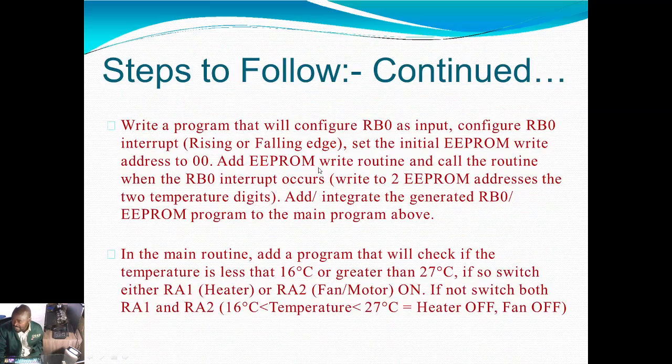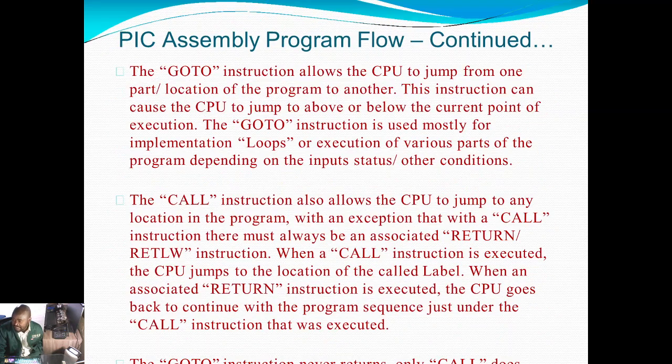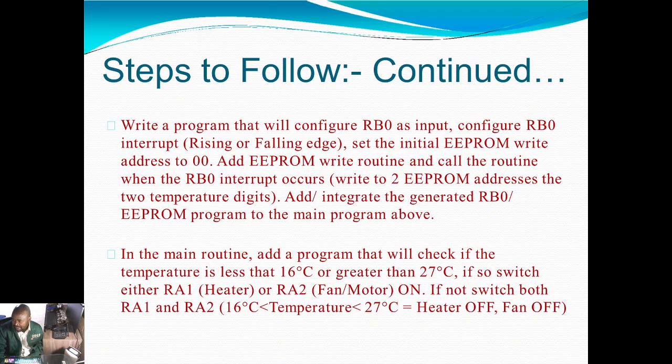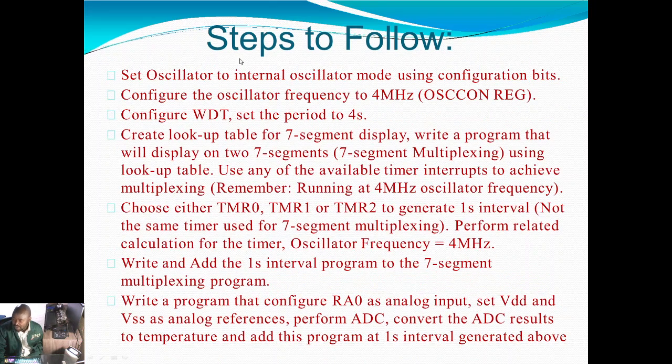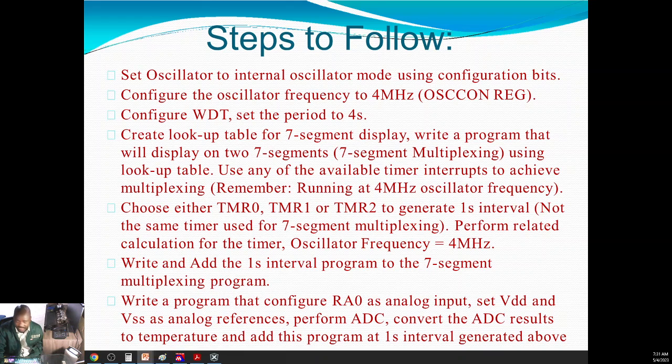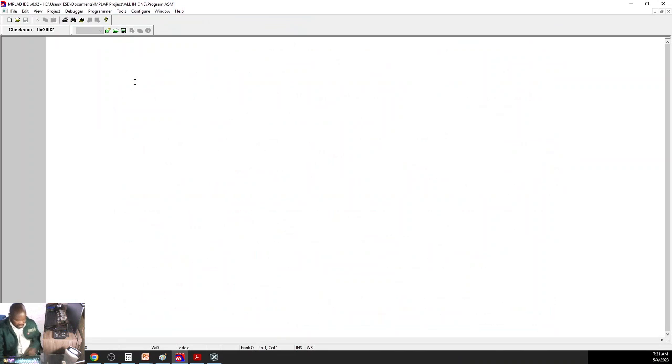So, with that in mind, let's now start implementing our solution. I want us to do the first three parts. For any assembly program, you will have to state in your program which PIC microcontroller you are using.